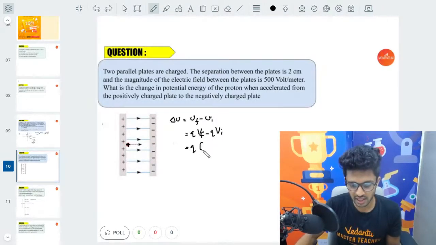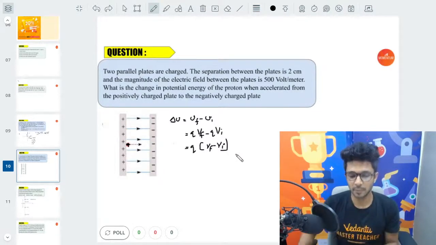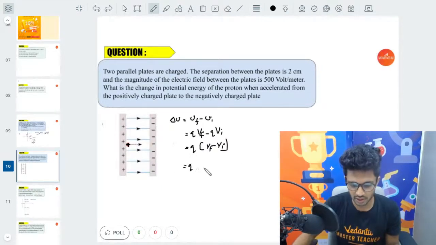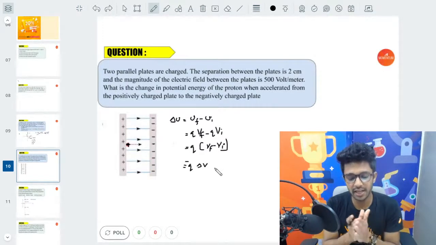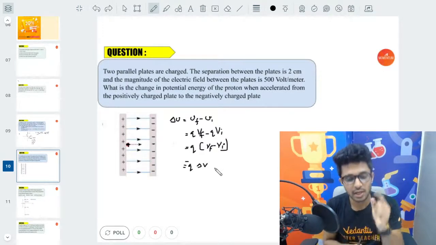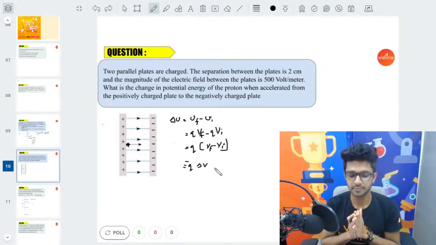So if I take the charge outside, it is final potential minus the initial potential, which is the change in potential. So that is Q into change in potential. Why negative? Because the final minus initial, it is moving from higher to lower, so it's a negative value.